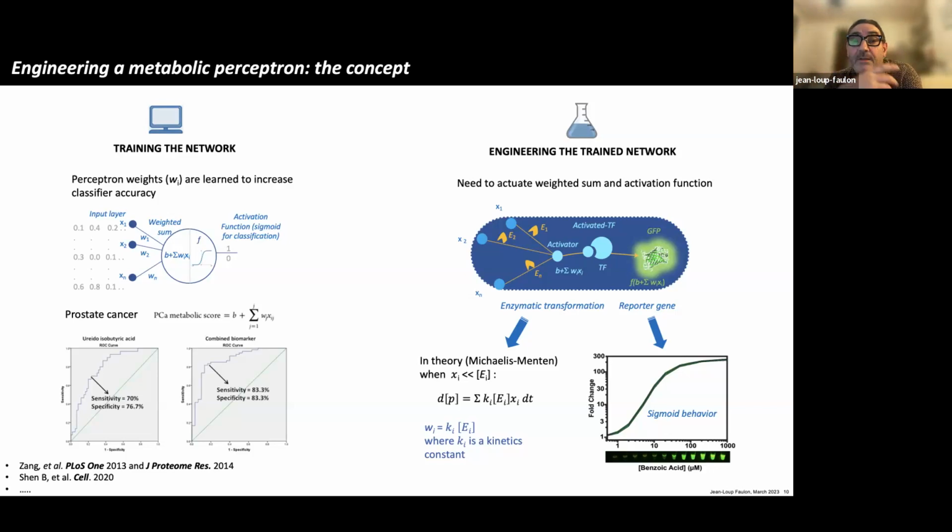So clearly here, the weight is the product between this kinetic constant and the concentration of the enzyme.